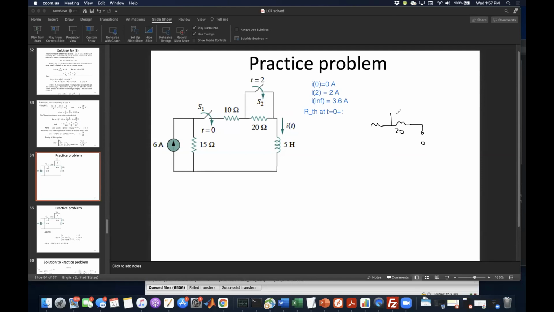I'm going to draw this switch open. Pardon the handwriting here. So this inductor at time equals 0 plus, right after the first switch flips, we'll see the 20 ohm, the 10 ohm, and the 15 ohm.